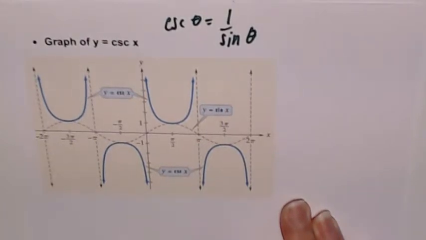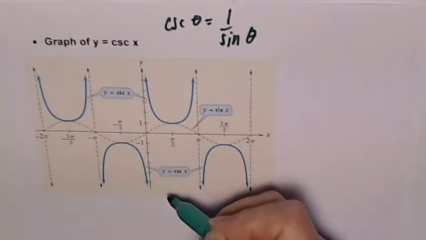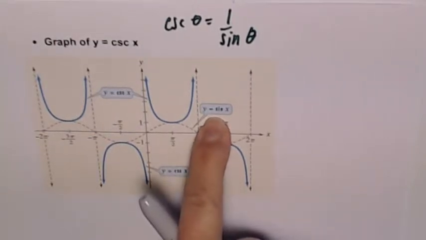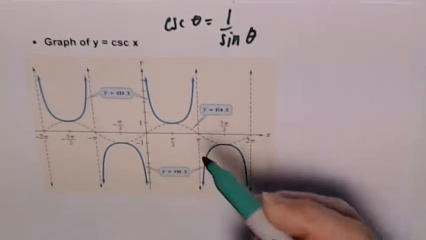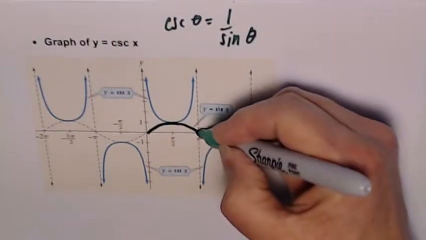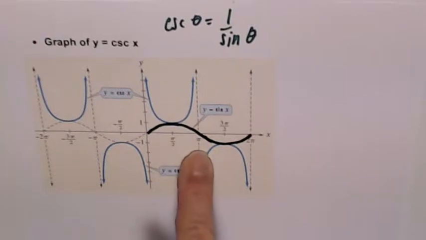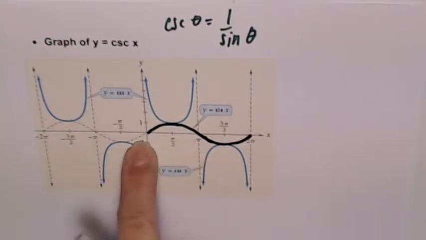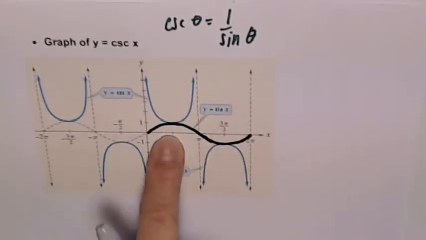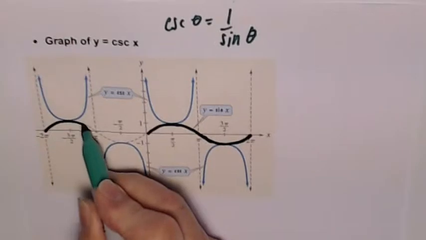So if we look here at the graph we're given, this dashed line is y equals the sine of theta, or in this case, the sine of x. If I trace over this function again, just in this period to start between 0 and 2 pi, we recognize that is our sine function, and I'll just continue it here.